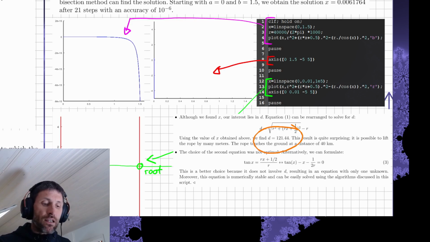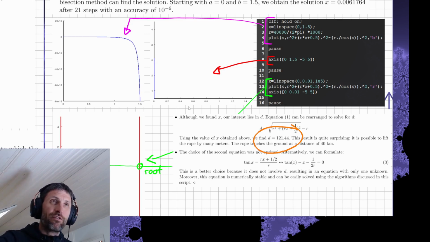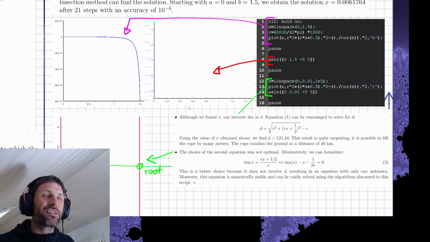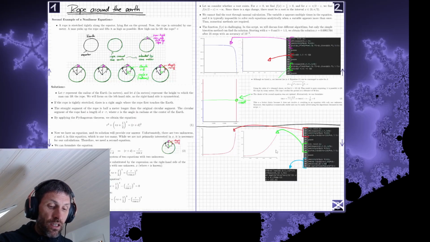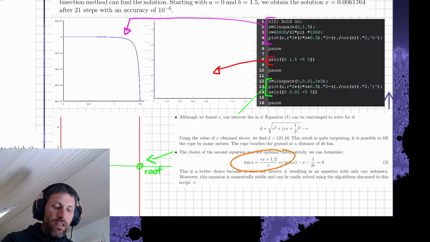So I talked about that in various courses, and once a student, I think it was a female one, said, I have a different idea. Instead of the equation 2 you formulated, I prefer a tangent x equation. I will show you. Where does that come from?